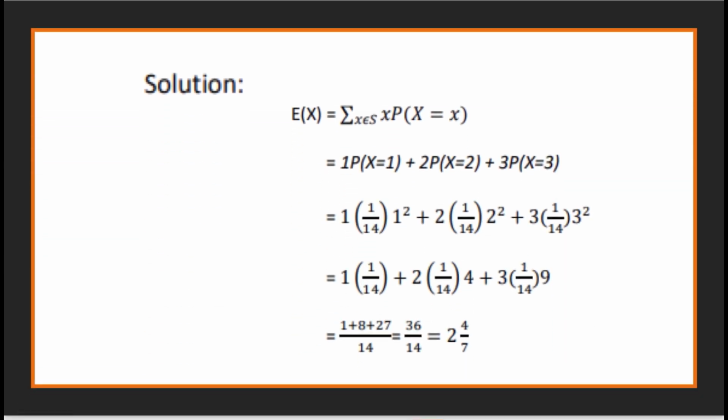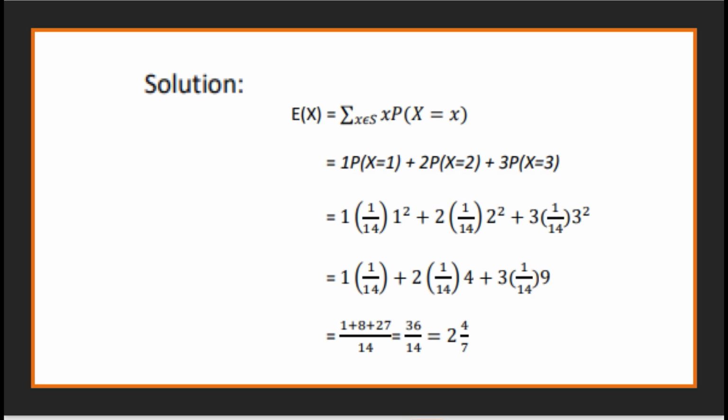Solution. The formula for the expected value is equal to the summation of x times the probability of X equal to x, as x is an element of S. Okay? So the supports are 1, 2, 3. So let's substitute. So x is equal to 1 times the probability of X equal to 1, plus 2 times the probability of X equal to 2, plus 3 times the probability of X equal to 3.